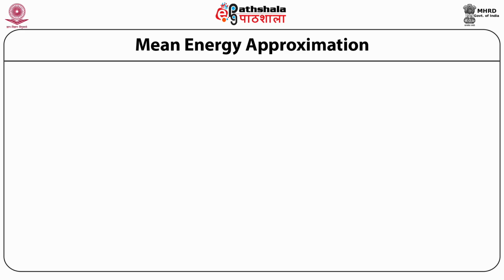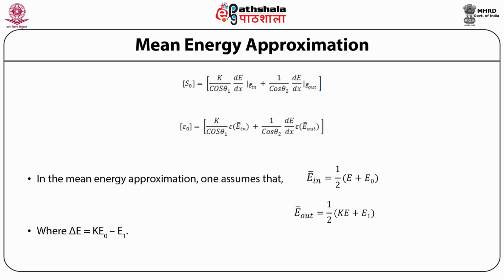A better approximation can be obtained by selecting a constant value of dE/dx or epsilon at an energy intermediate to that which the particle has at the endpoints of each track, and S0 can be written as S0 = K/(cos θ1 dE/dx at E in bar) + 1/(cos θ2 dE/dx at E out bar), and epsilon 0 = K/(cos θ1 epsilon(E in bar)) + 1/(cos θ2 epsilon(E out bar)).